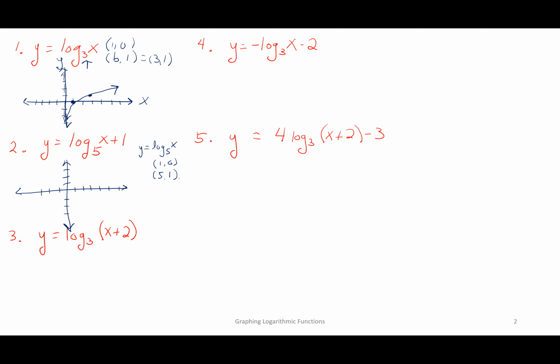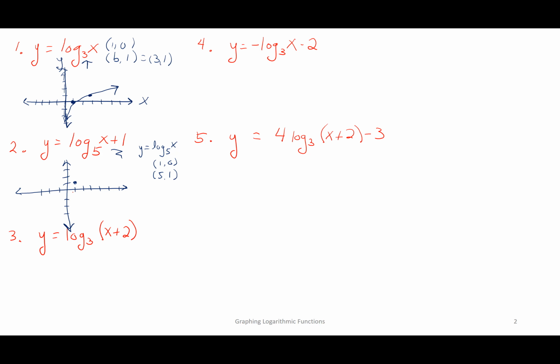Once we have these, then we can look at our transformations that are occurring, and we're adding 1. So we're lifting everything by 1. So we have to remember two different things. First, when we lift everything by 1, we are moving the y's. So our 1 comma 0 becomes 1 comma 1.